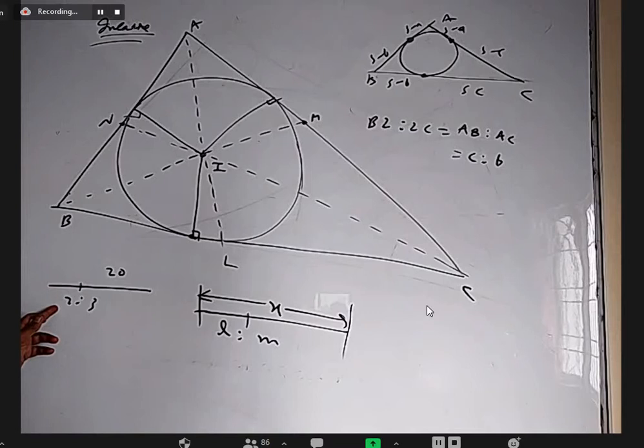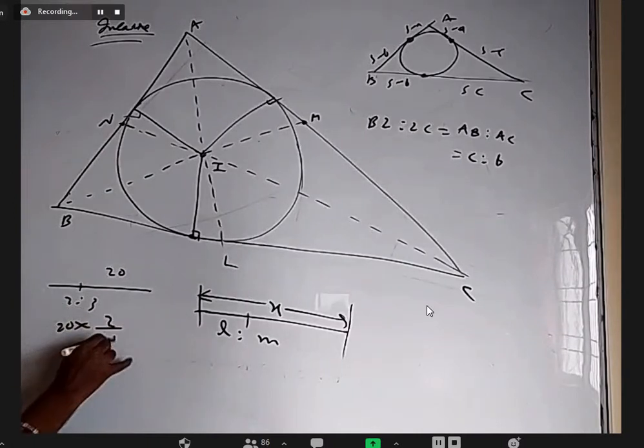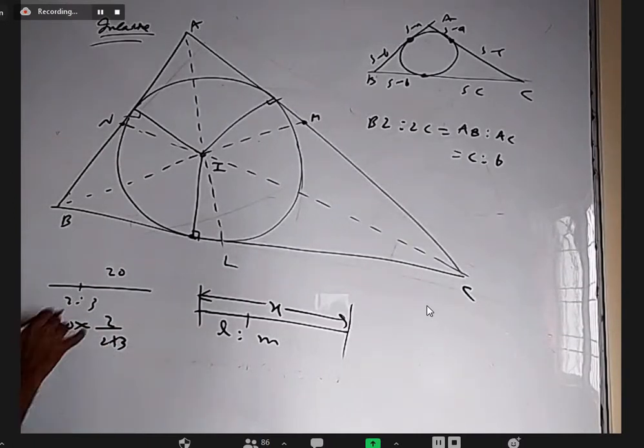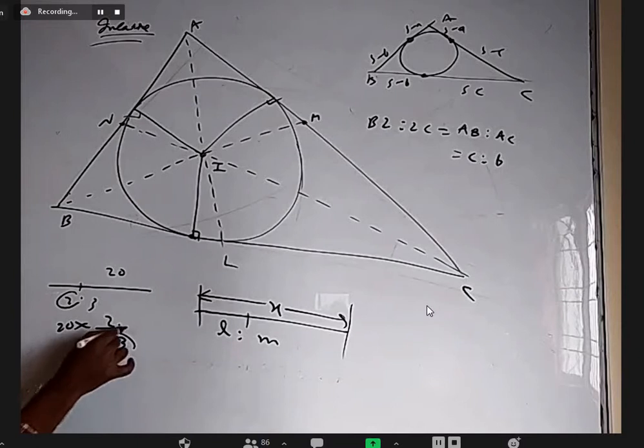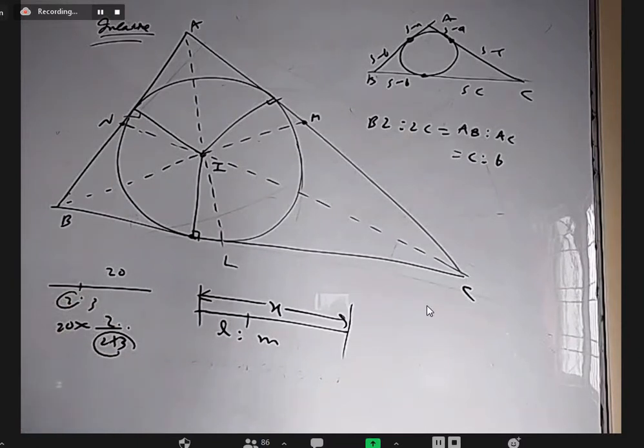Then 2 parts will be 8, 3 parts will be 12. The formula is 20 into 2 by 2 plus 3: whichever part you want, divided by the total number of parts, into the total length to be divided.